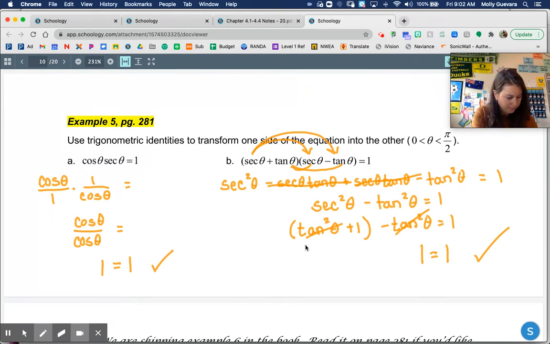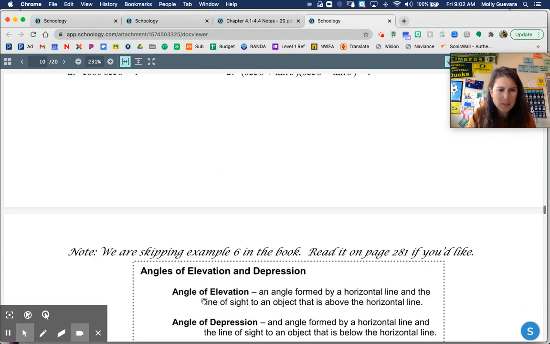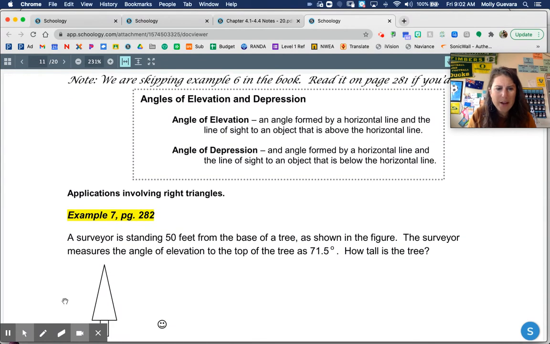Nice. We just have a few more problems here. I'm going to clear this and we'll scroll down. We're going to talk about angles of elevation and depression here. Angle of elevation. Now this is really important and I'm going to do my very best to draw. Angle of elevation is an angle formed by a horizontal line and the line of sight to an object.